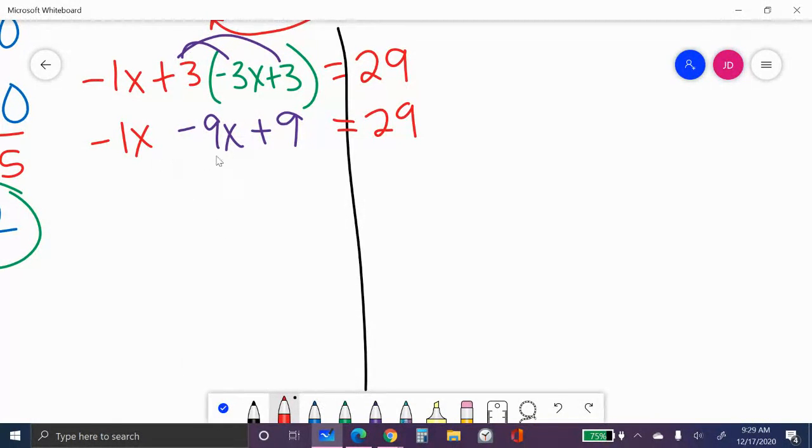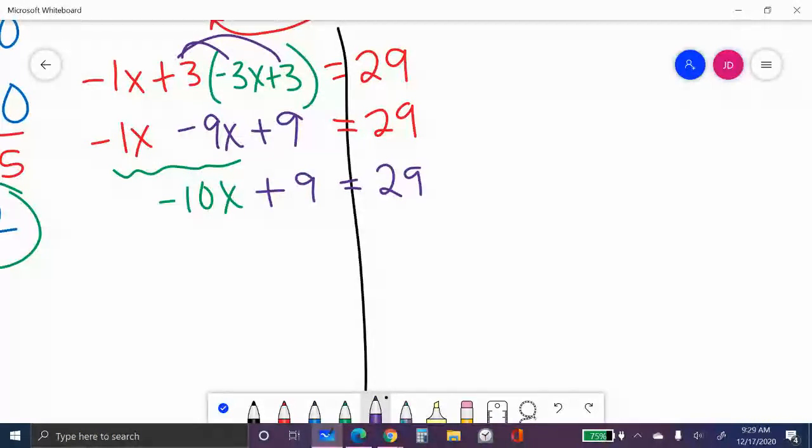Take a look. We can simplify our equation. Negative 1x minus 9x is negative 10x. Right? So if we combine those like terms, you get negative 10x. Bring down the plus 9 equals 29. Minus 9 from both sides.